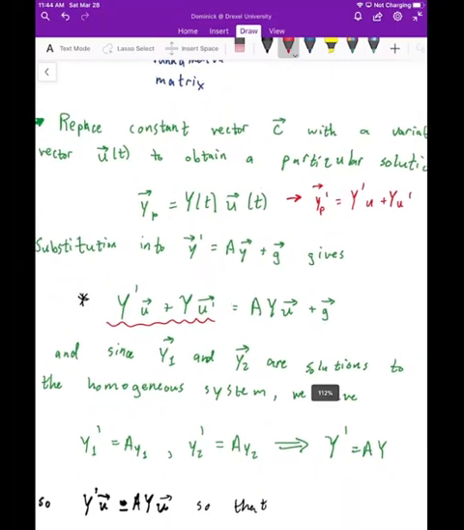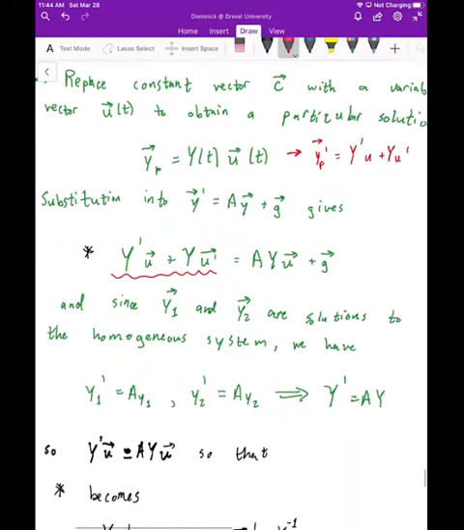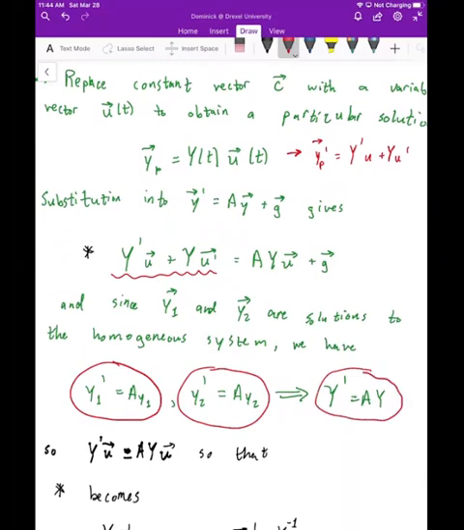And that equals A times y u, just making that direct substitution, plus g. And again, just remember, since we're assuming that y1 and y2 are solutions to the homogeneous system, we know that y1 prime is A y1 and y2 prime is A y2, which in component form looks like y prime is equal to A times y.